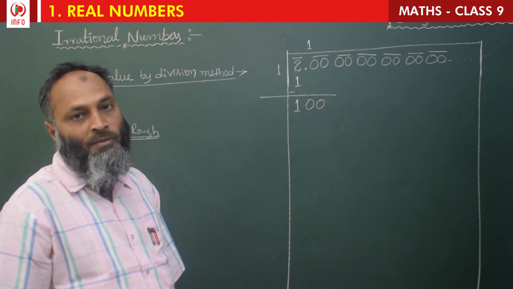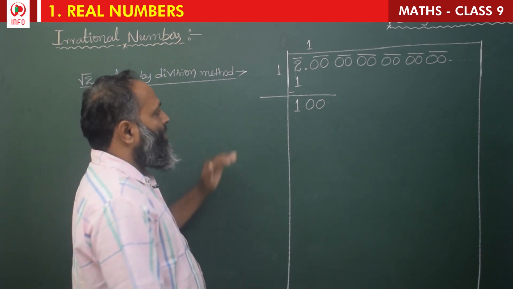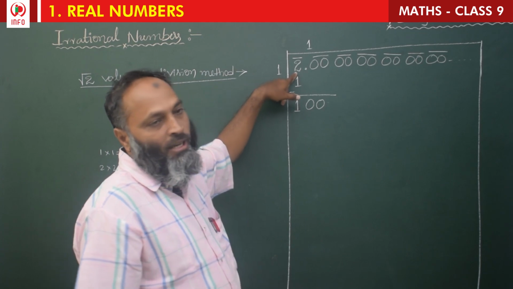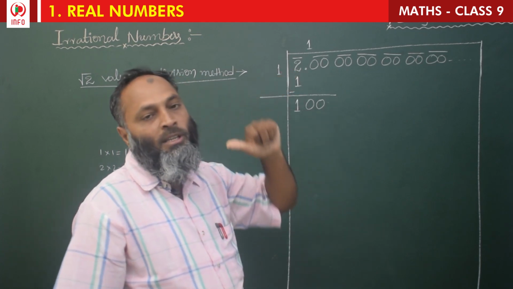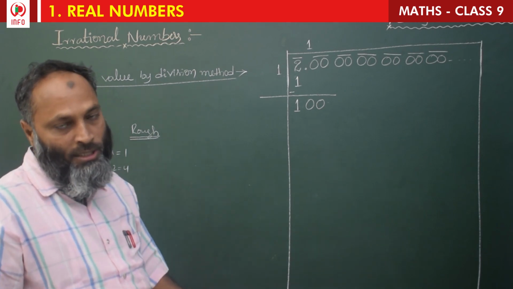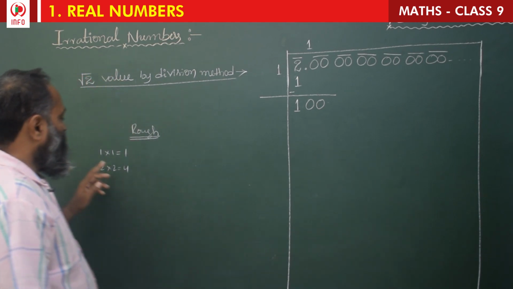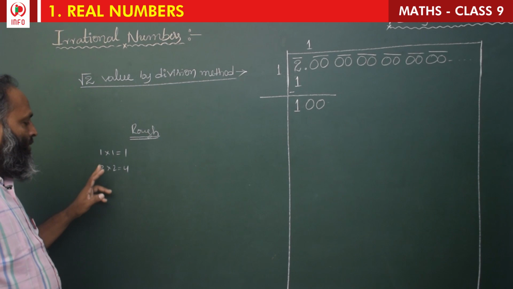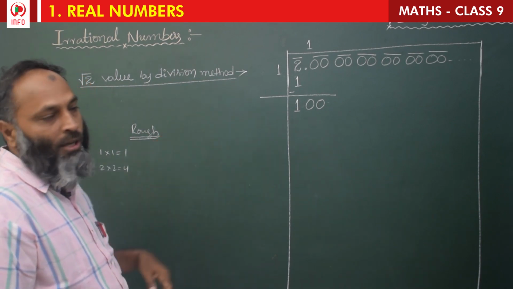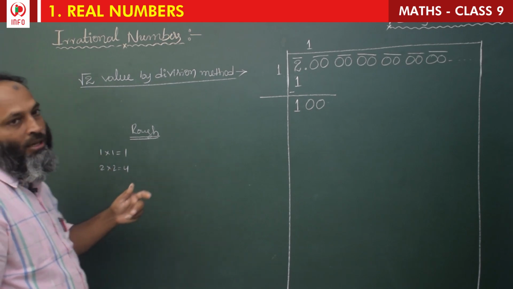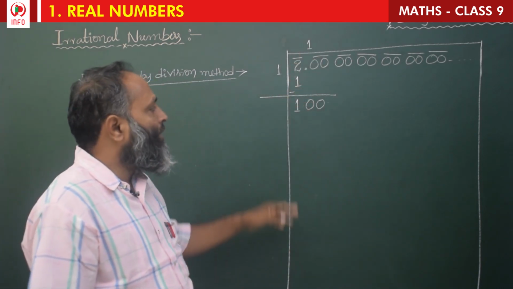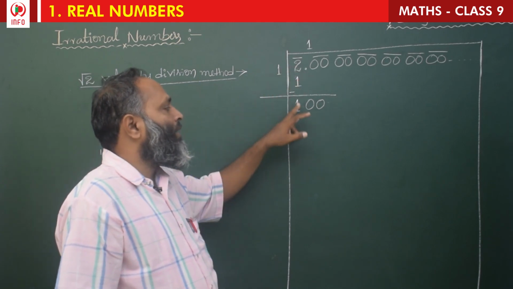So the first step: where should the 2 come? 1 1s are 1, 2 2s are 4. 4 is more than the given 2, so we should take 1 1s are 1. Then subtract, 2 minus 1 is 1.